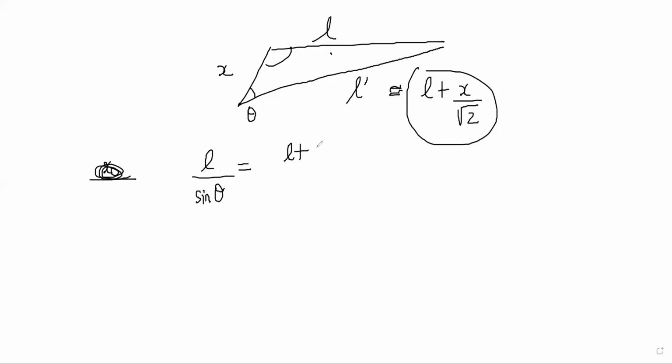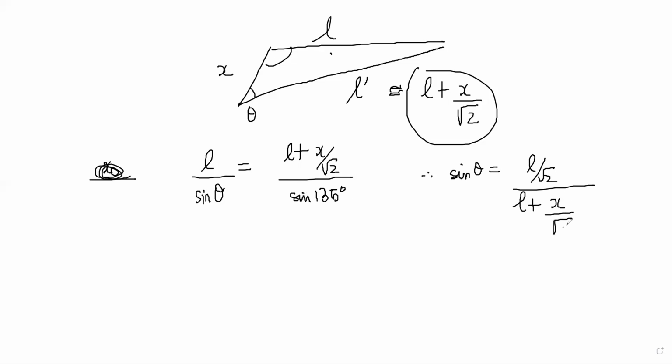Therefore sine theta is equal to L sine 135, which is L by root 2, by L plus x by root 2. So sine theta is coming as L by root 2 into L plus x.